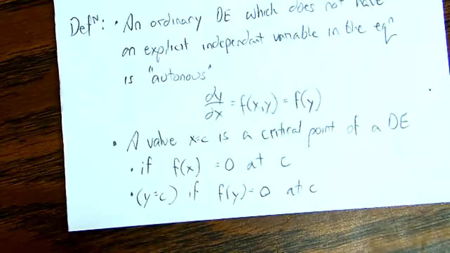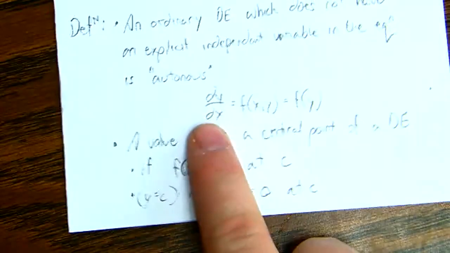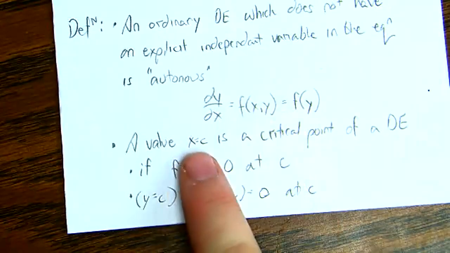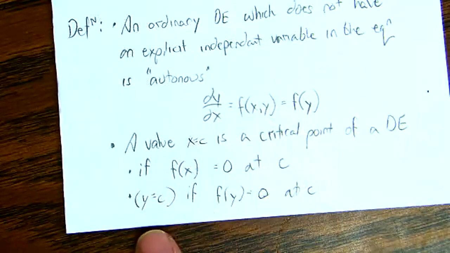Now, this actually comports very nicely with our definition of critical point from calculus because calculus tells us that we have a critical point anywhere the derivative is 0. And here we're just literally saying the derivative is 0. It might happen at an x value. It might happen at a y value. But either way, if the derivative is 0, then it's a critical point.